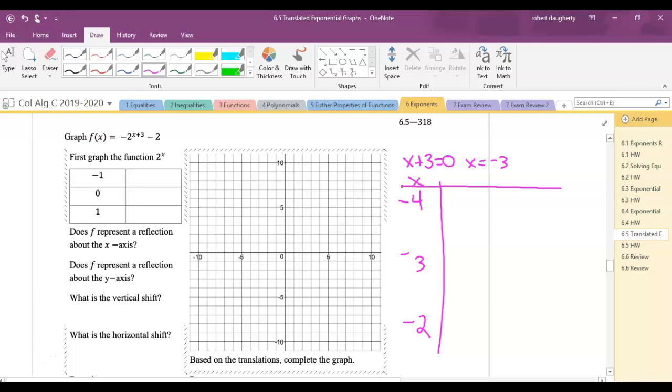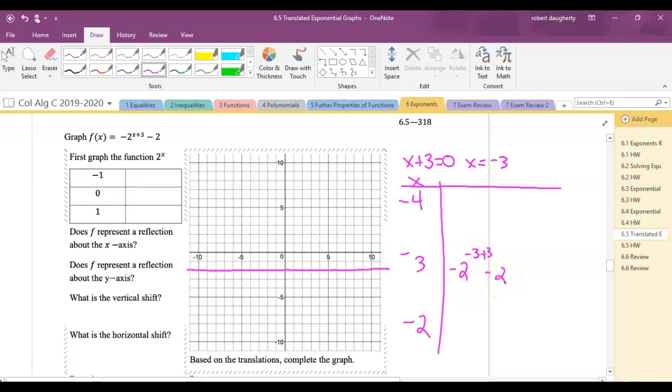What is the asymptote here? Negative 2. Okay, so here's my asymptote. So this thing is either going to be above the line or below the line. So I can sort of figure out what's going on. Let's start with this number right here. Let's just see negative 2 to the (negative 3 plus 3) minus 2.